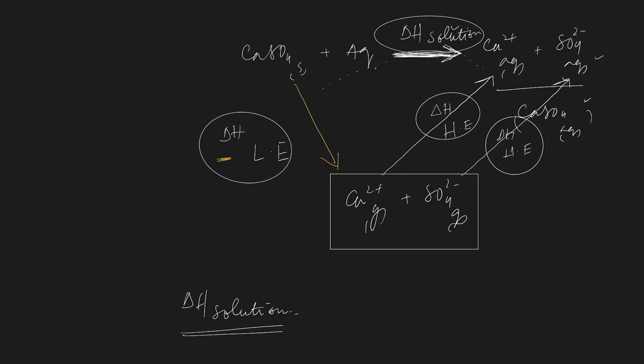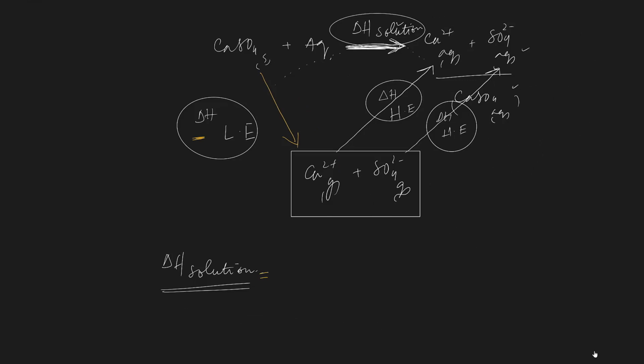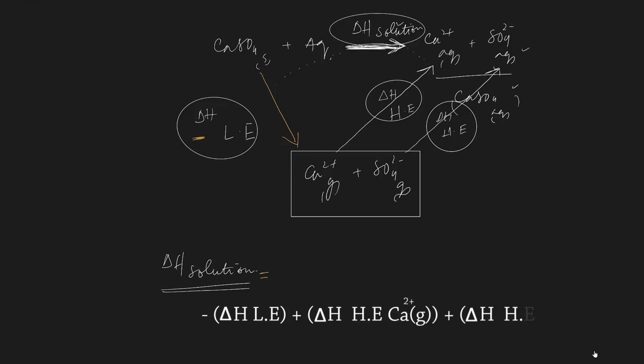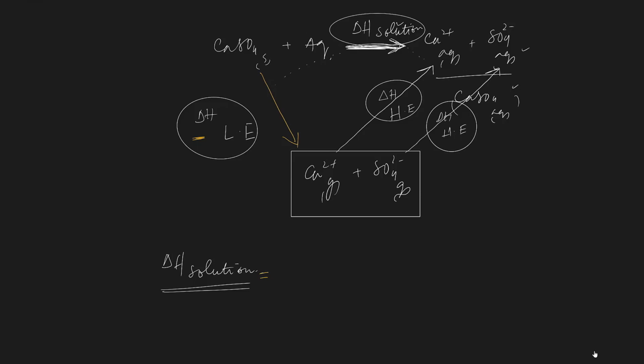Its value can be calculated by the sum of other vectors. So, the expression of the enthalpy of the solution is equal to minus small brackets lattice energy plus again small brackets hydration energy of the calcium ion and sulfate ion both, or we can also write this expression in a simple way.